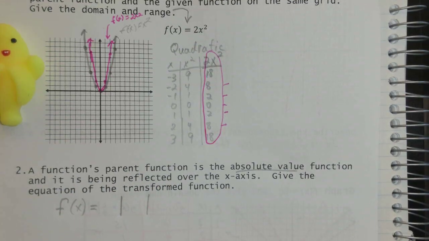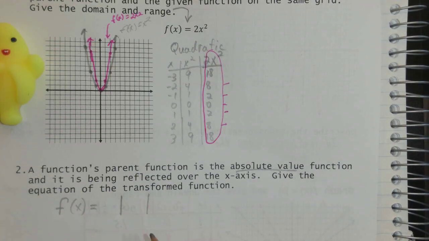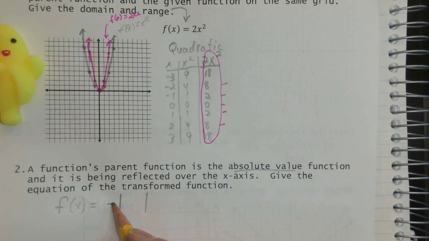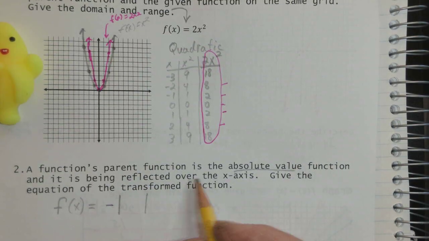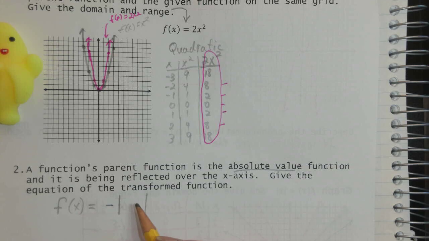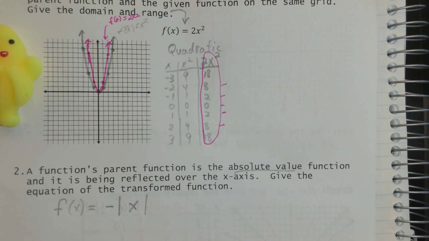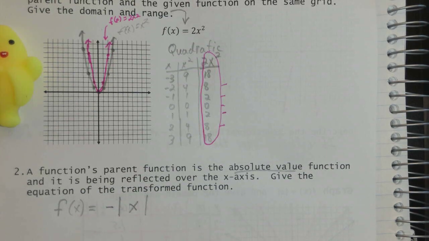Reflected over the x-axis. What makes it reflect? Put a negative out here. That's the only transformation they talked about, right? So let's just put... Any questions on that? Got number 2 written down? All right.